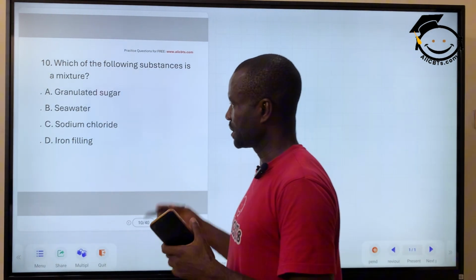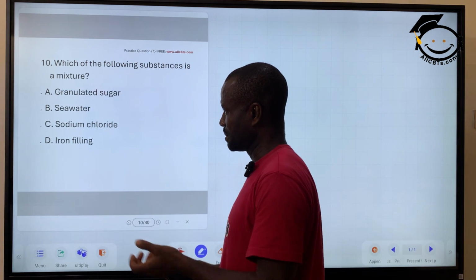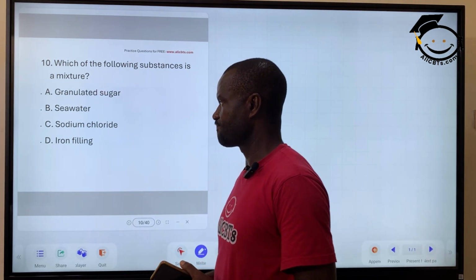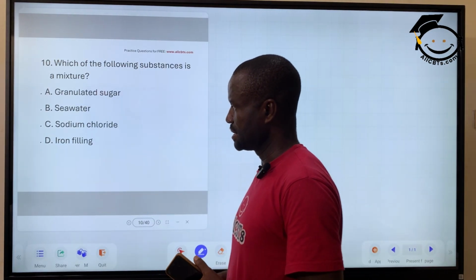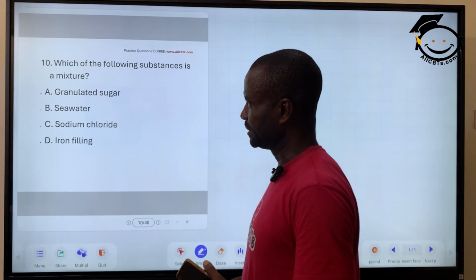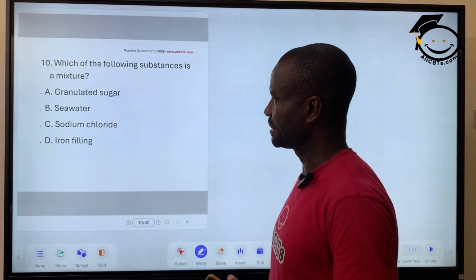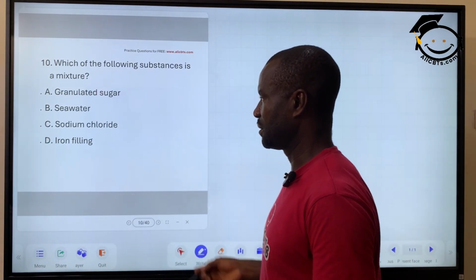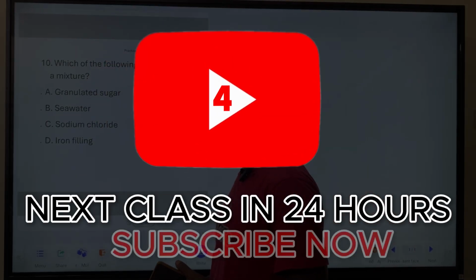Of course, sea water contains water, salt, and some debris. Then C, sodium chloride. This is another pure substance. Then D, iron fire. Of all these options, B contains more than one substance. So it contains water, salt, and other elements in the water body. So the correct answer is B.